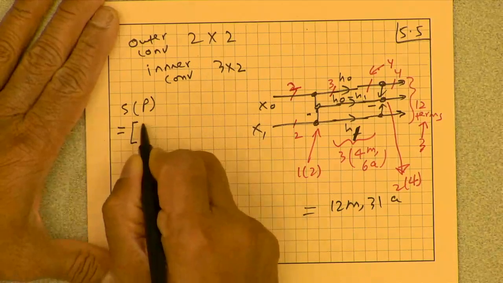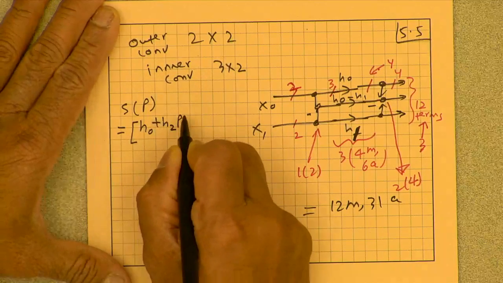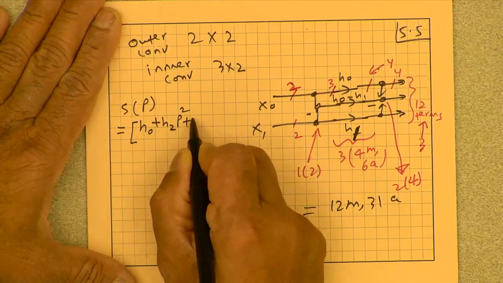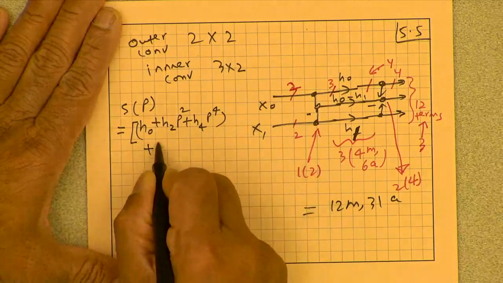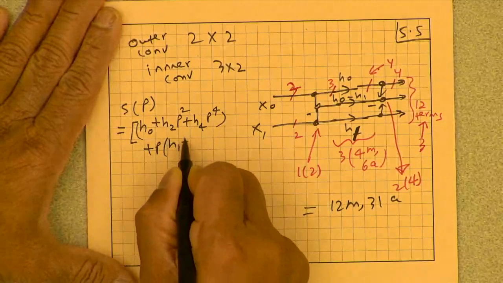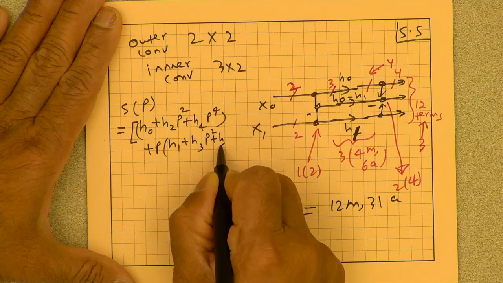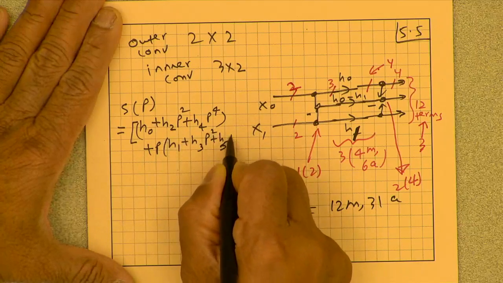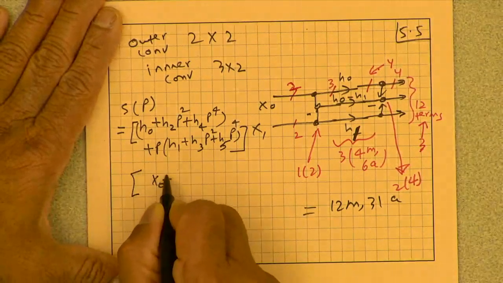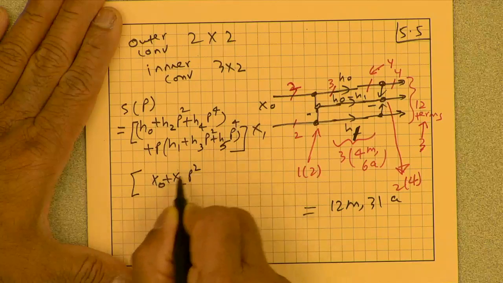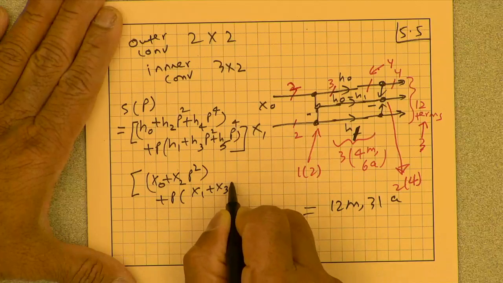So this will be H0 plus H2 p squared plus H4 p to the power 4, plus p times H1 plus H3 p squared plus H5 p to the power 4, times x0 plus x2 p squared, plus p times x1 plus x3 p squared.